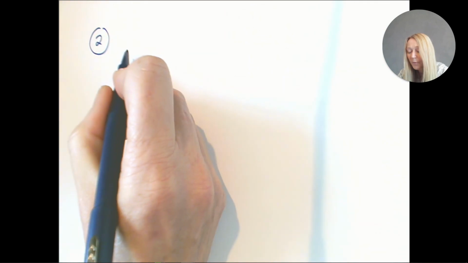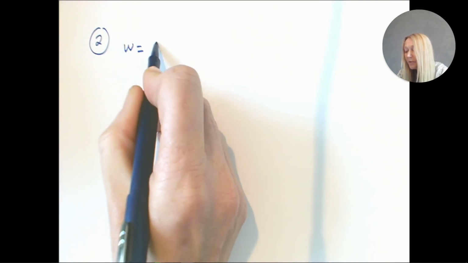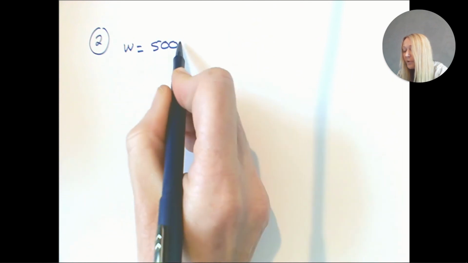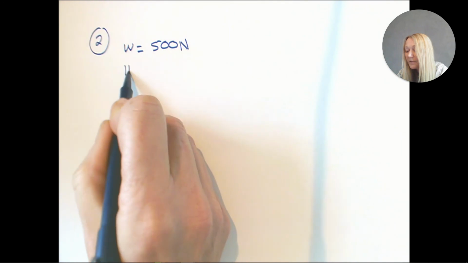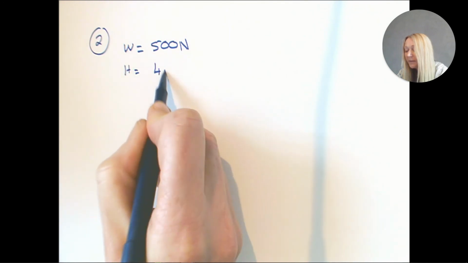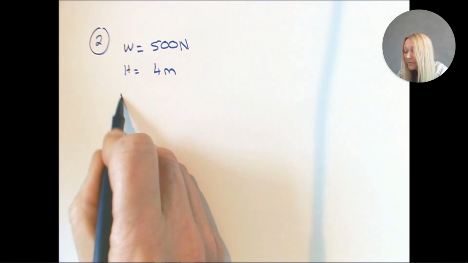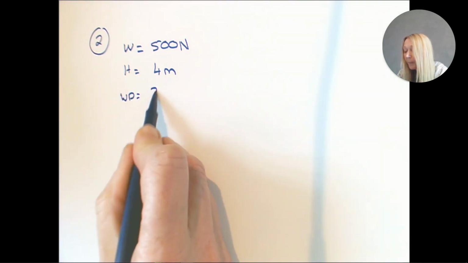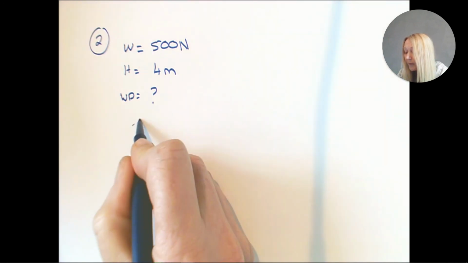So question 2, we're going to pick out what they've given us. So the first part of the question, they gave us weight, which equals 5,000 newtons. Remember, weight is a force. They gave us a height of 4 meters. Remember, height can also be used as a distance. And they've asked us for the work done. So we're just going to do the work done equation.